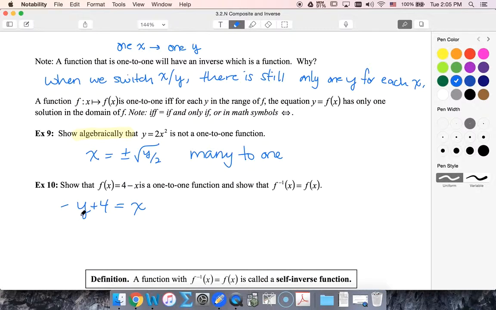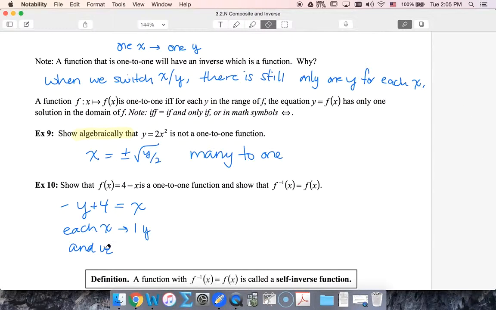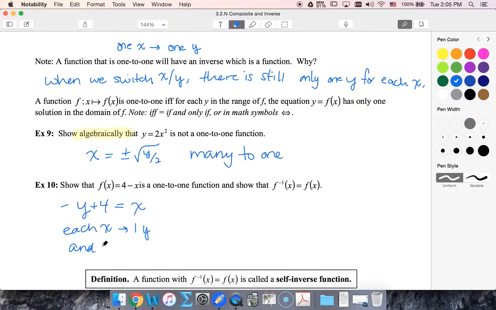So each y value has only one x, and vice versa. So each x yields one y, and vice versa. And each y leads to just one x.